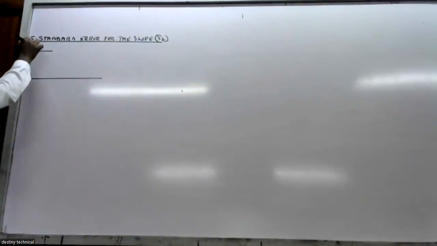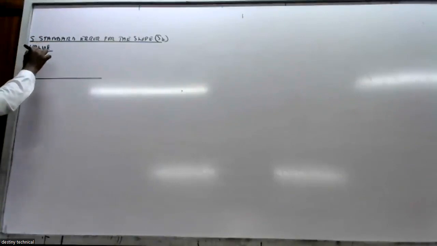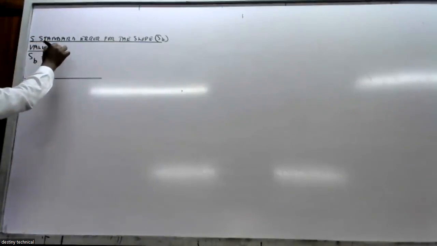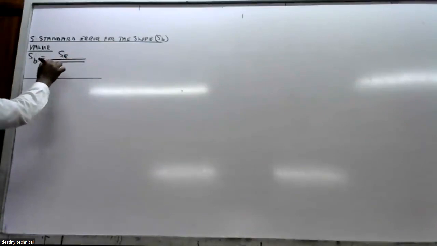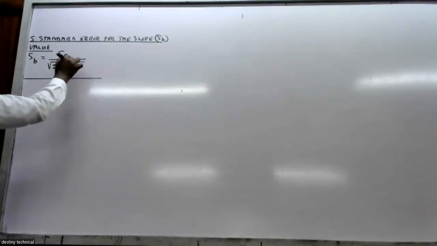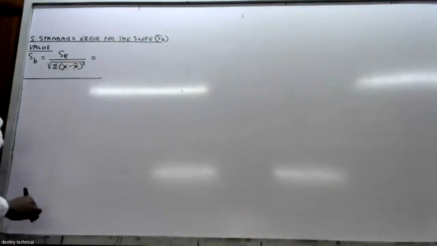So let's get the value. The value SB is normally given as SE divided by the square root of the sum of x minus x bar squared.